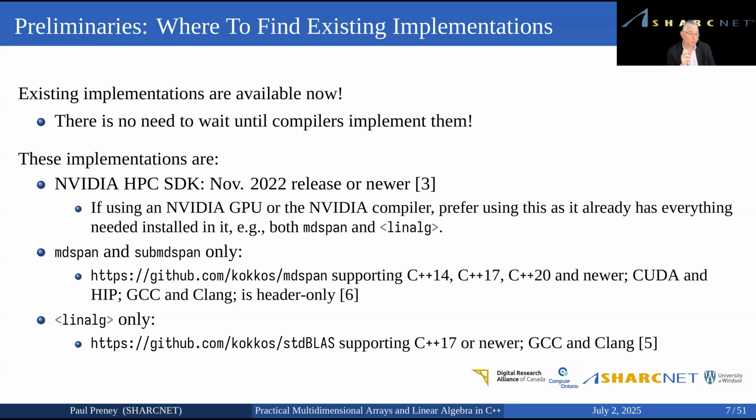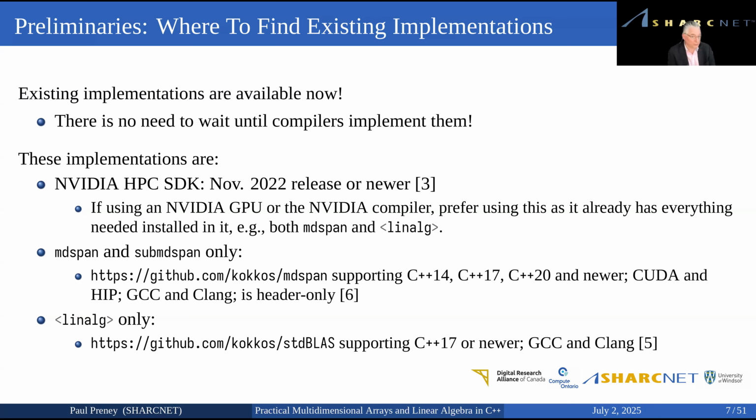I should mention, just as a quick aside, that the Microsoft Visual C++ compiler in Windows and the Clang compiler, starting with, I think, version 18, implement mdspan. The Clang compiler, though, and I think the Microsoft one, don't implement submdspan, which is array slicing.